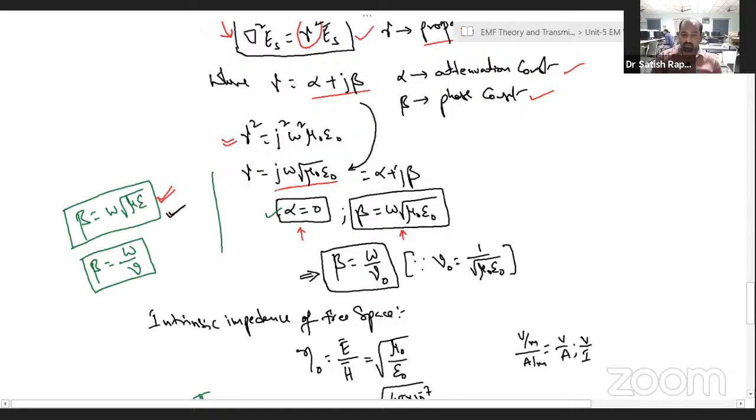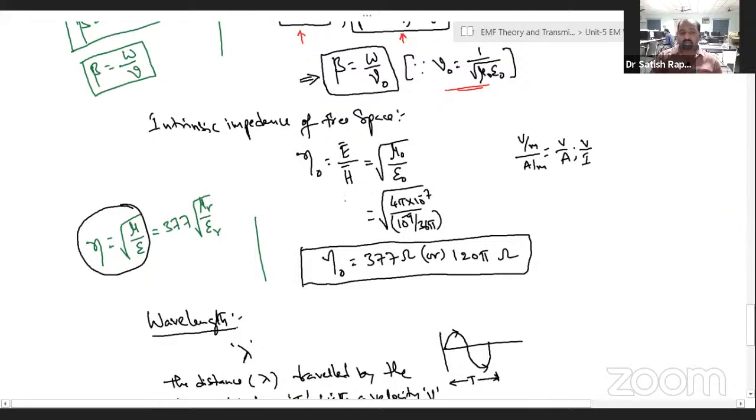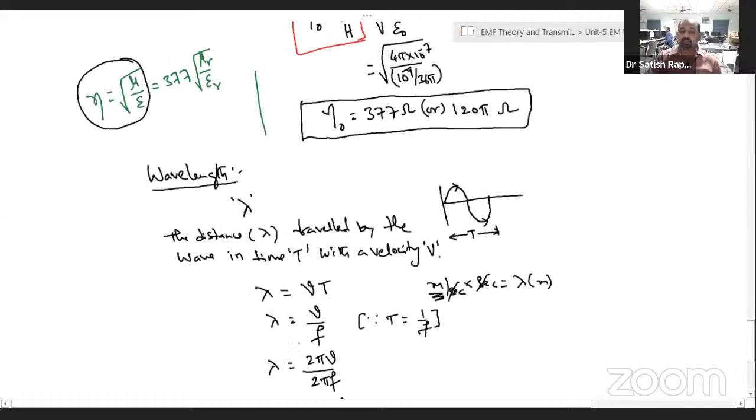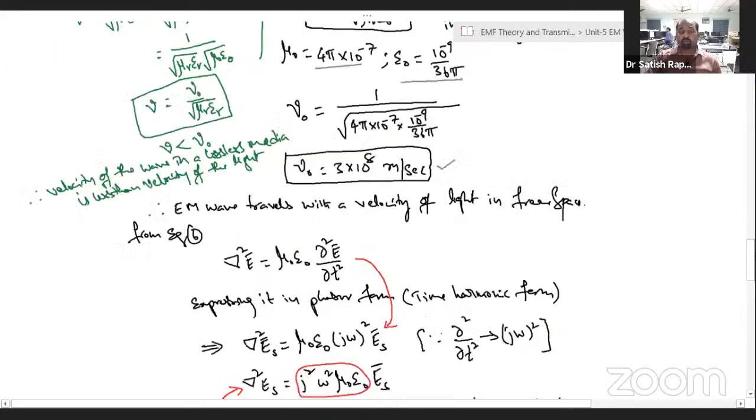So beta is equal to omega by v naught, since v naught is equal to this, and intrinsic impedance eta naught is equal to E by H. I have derived this E by H relation later, and eta naught is equal to 377 ohms. I have also given the relationship between wavelength and the phase constant, lambda and beta. So this is about the wave propagation in free space.